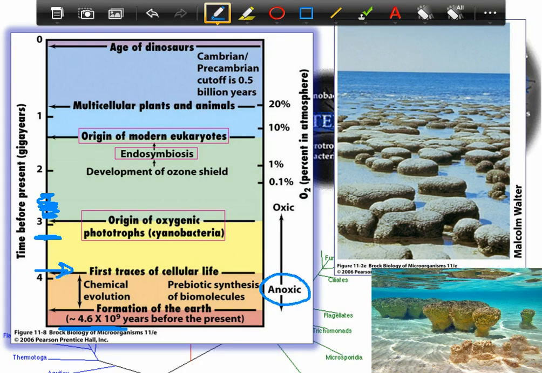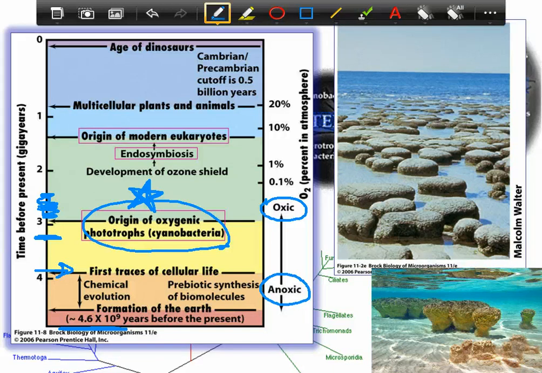We start to get the non-oxygen producing photosynthesizing bacteria. These are photosynthetic bacteria right here, but the original photosynthetic bacteria did not use oxygen. Because remember, oxygen didn't come along until a little bit later. So then if you go forward up into this period of time, now there's oxygen, and now we have the photosynthetic bacteria that do produce oxygen.